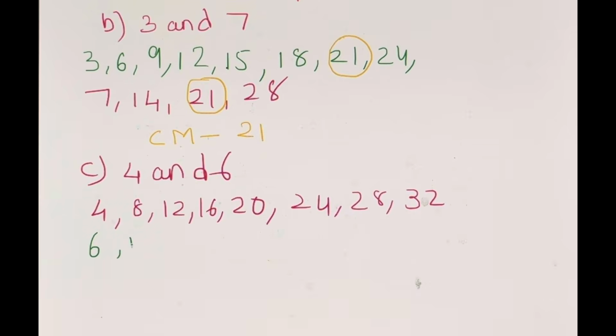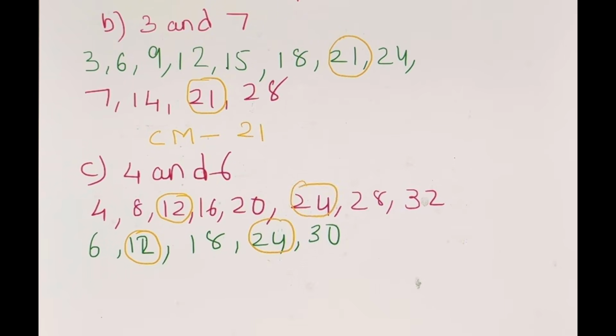So 6, 12, then 18, 24, 30, okay, enough. Now, we see the common ones. So 12 is common and 24 is also common. So the common multiples are 12 and 24 and so on. You can get so many more common multiples also.